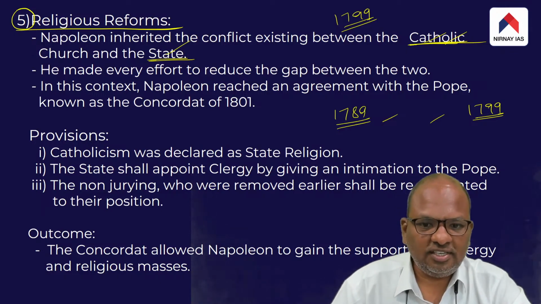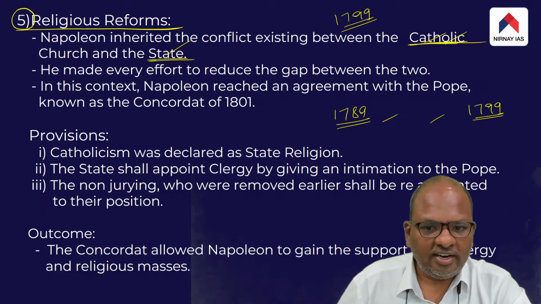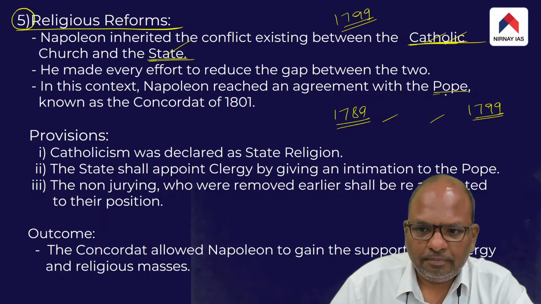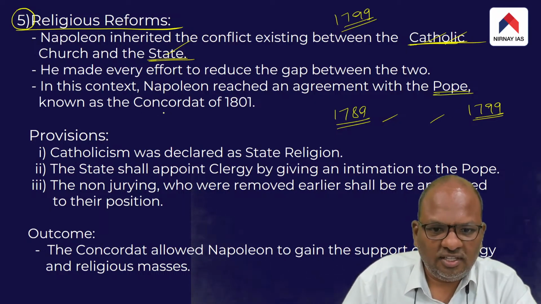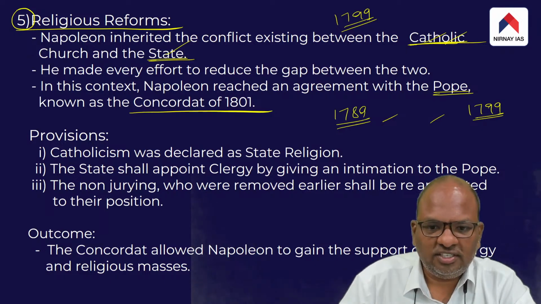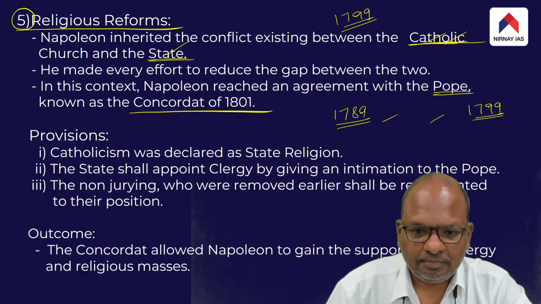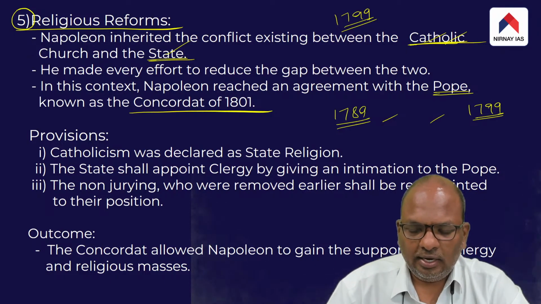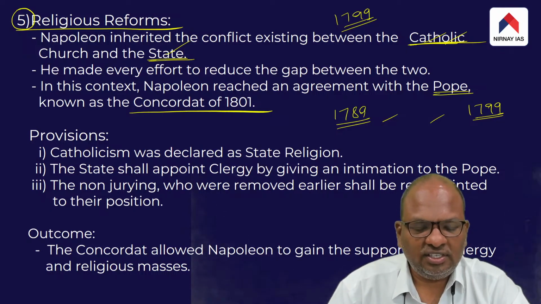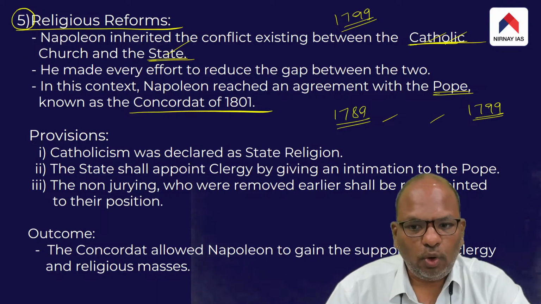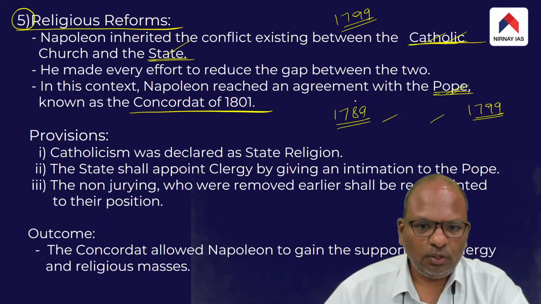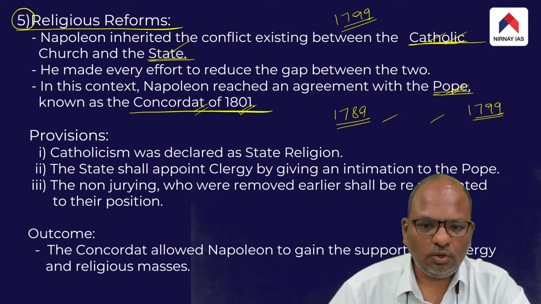It was in this context that Napoleon reached an agreement with the Pope, and this agreement is called the Concordat, reached in 1801 AD. So basically, Napoleon made an attempt to bridge the gap between the Catholic Church and the state, and entered into an agreement with the Pope known as the Concordat in 1801 AD.